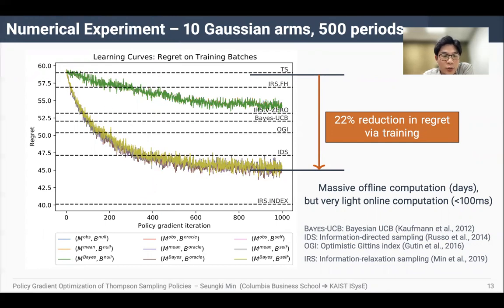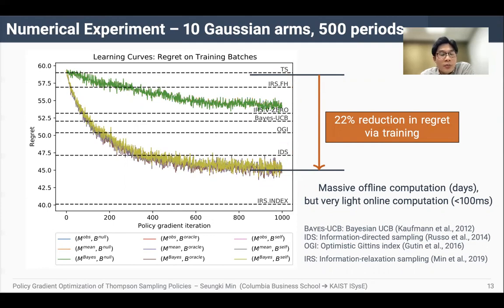These are the curves with different choices of reward metric or baselines. As you can see, after a couple of days of training, we can reduce the regret of Thompson sampling by 22%, which is very comparable to the other state-of-the-art algorithms.